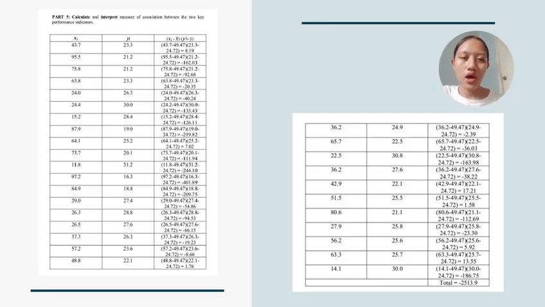Part 5, which is to calculate and interpret measures of association between the two key performance indicators. First, we have to calculate for the production cost and the profit margin. For the production cost data, we subtract the mean, which is 49.47, and for the profit margin data, we also subtract the mean, which is 24.72.